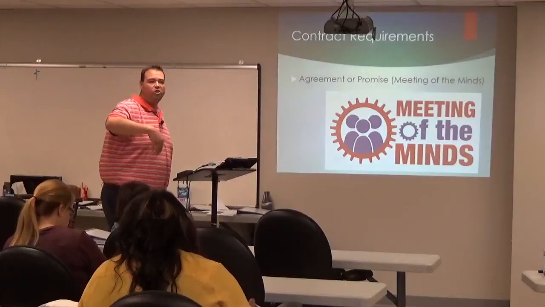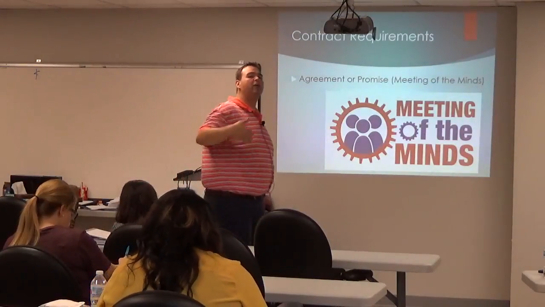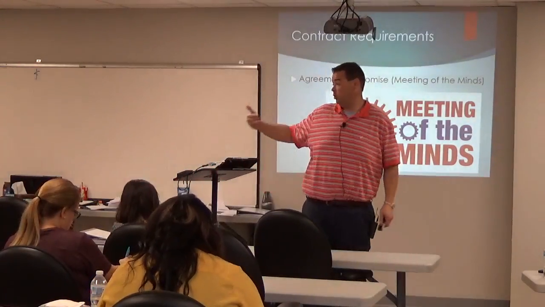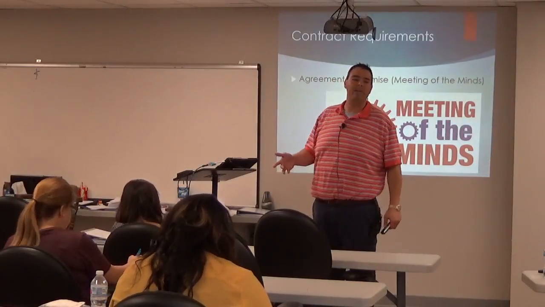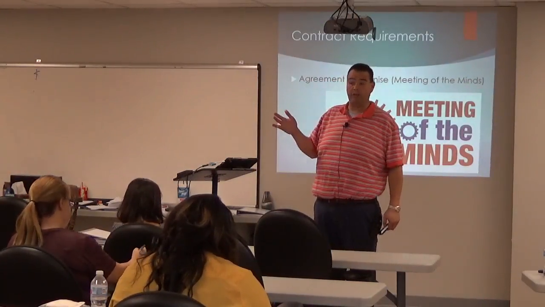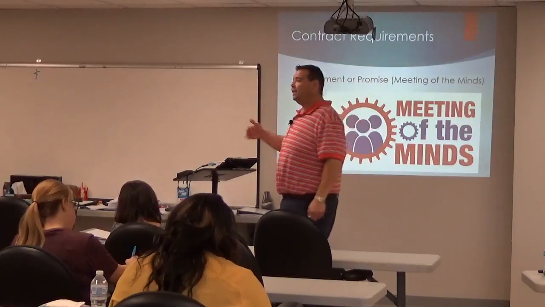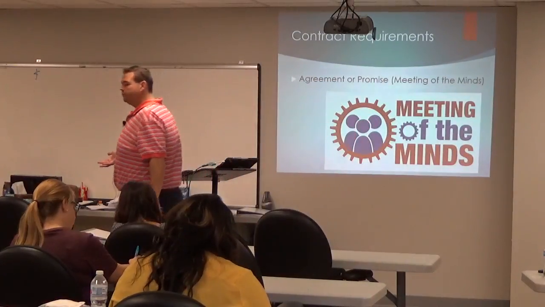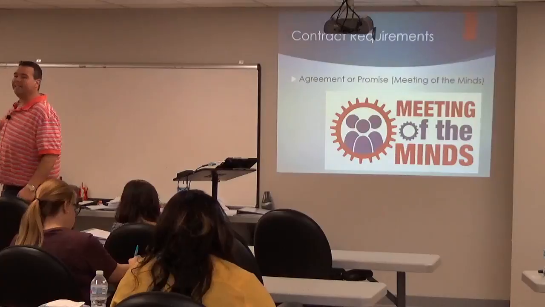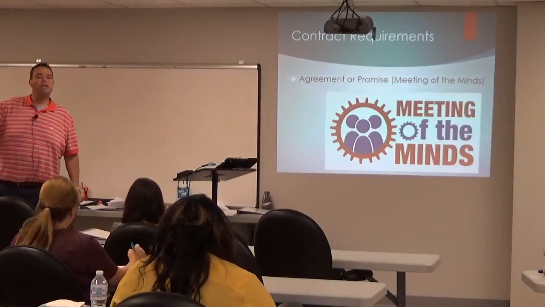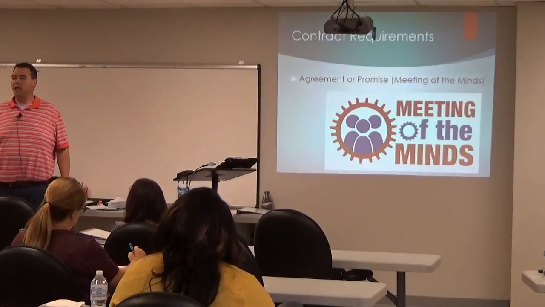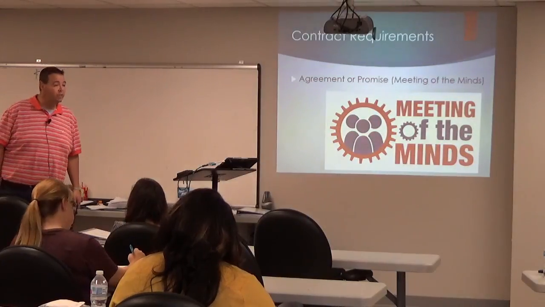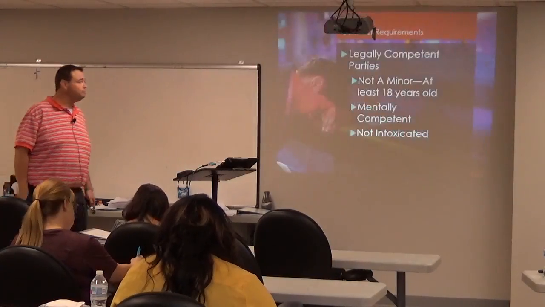What we have to show and prove is that the offeree agreed to those terms without making any changes. That's what we mean by a meeting of the minds. Is everybody okay on that? That is the meeting of the minds. So when we talk about contract acceptance later on, who does the accepting? Is it the offeror or the offeree? The offeree does the accepting, not the offeror.